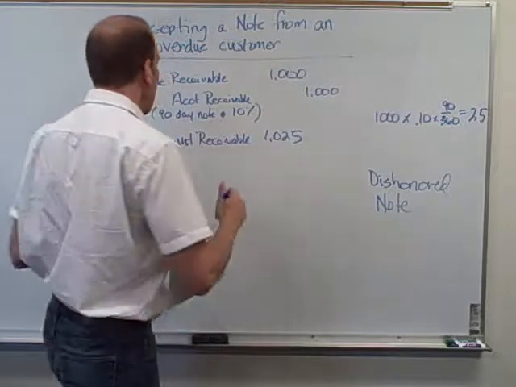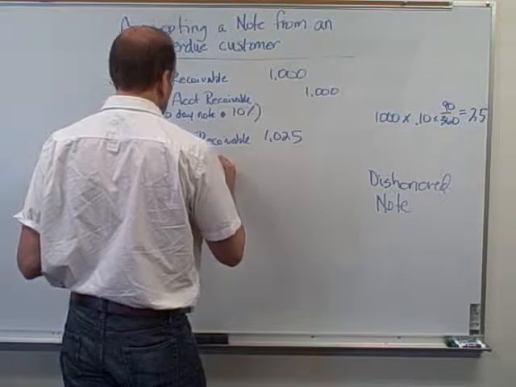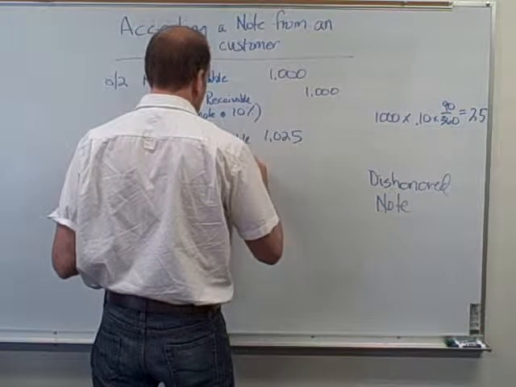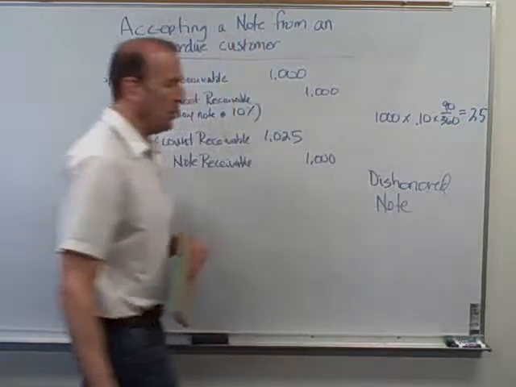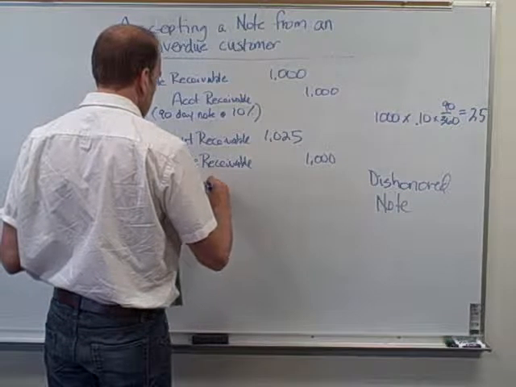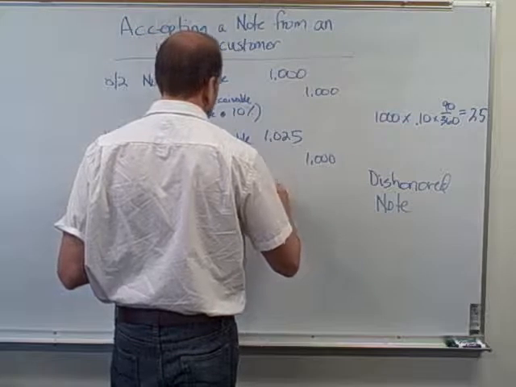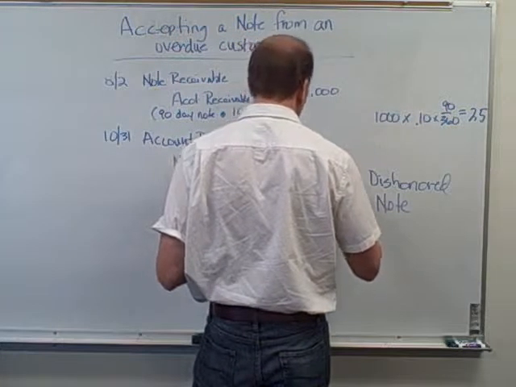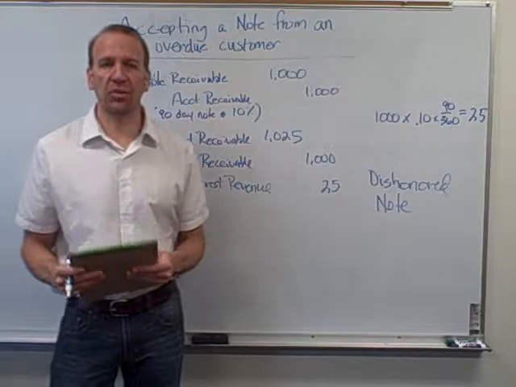All right? And then we need to eliminate now the note receivable. So we will credit our note receivable $1,000, and then we do get to recognize our interest revenue because we did earn $25 of interest revenue. They haven't paid us yet, but that $25 is included in that account receivable.